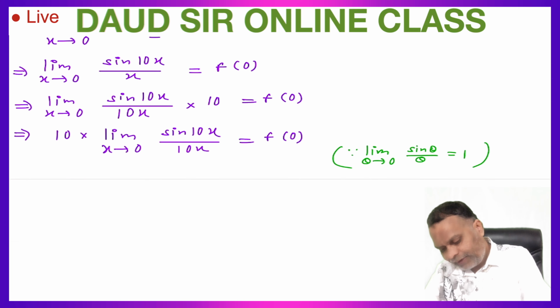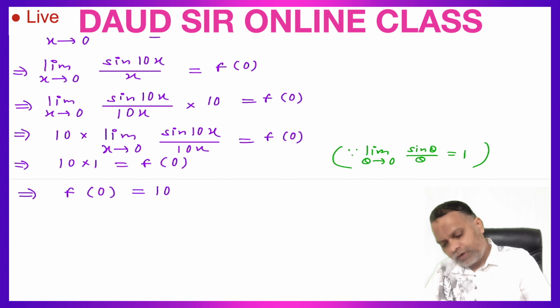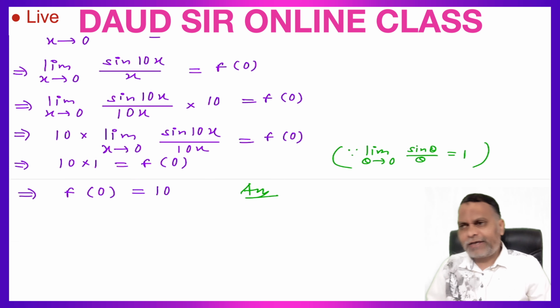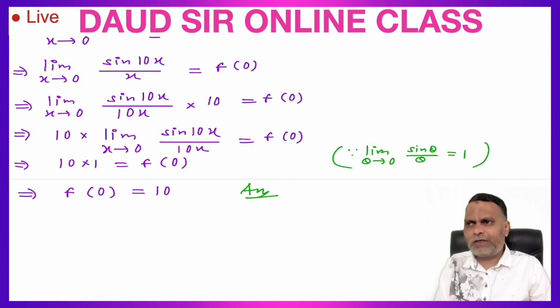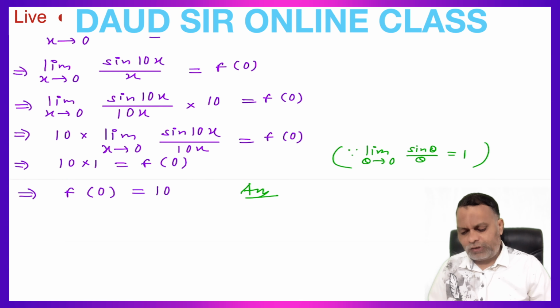So this is 10 into 1 is equal to f of 0. So therefore f of 0 is equal to 10. So the value of the function at x is equal to 0 is 10, for which this function is continuous at x is equal to 0.